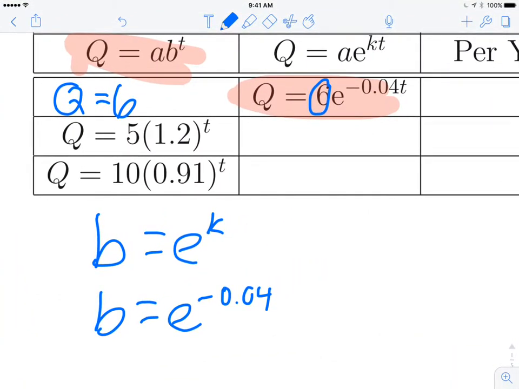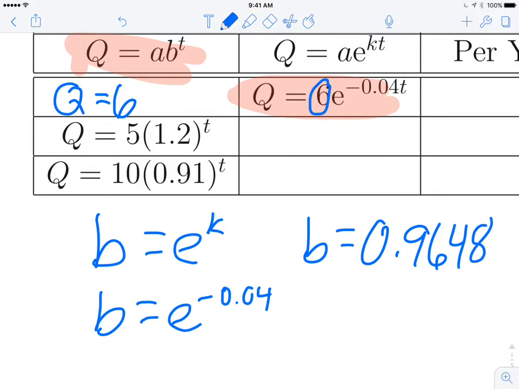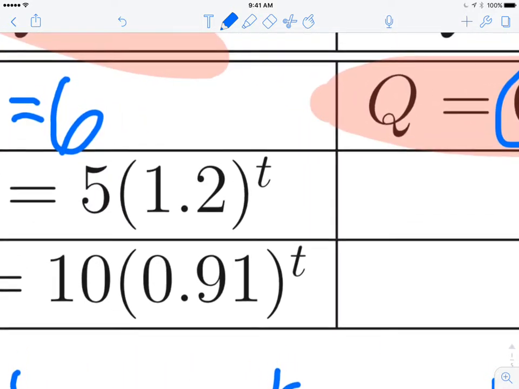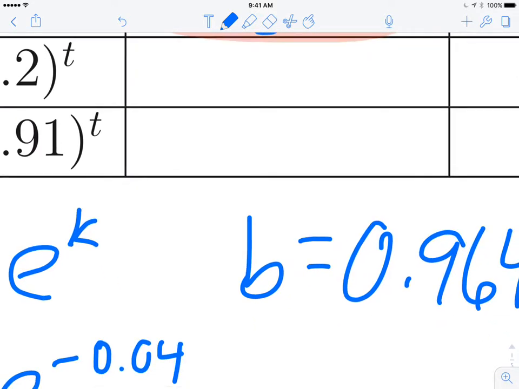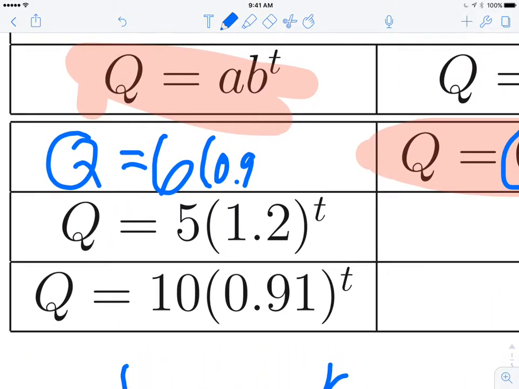All right, so that means b equals 0.9608. So it's a little less than a 4% decay, and that's because it's not continuous versus continuous. So to finish out my formula, I'm going to do 6 times 0.9608 to the t power. I'll make that look a little bit better. And that's it. That's all it takes.